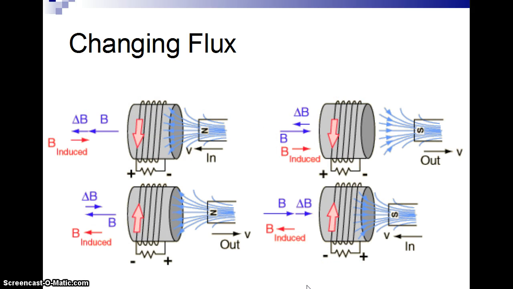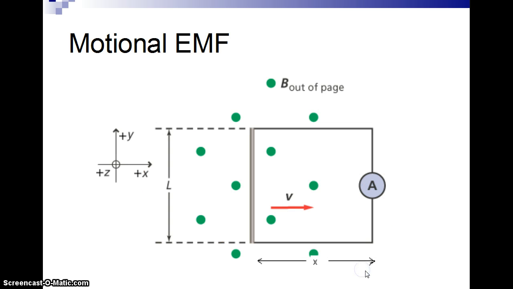So what happens, you're going to get an induced field in the opposite direction. So the magnet tries to move in, you get a magnetic field the opposite way. Then if you move the magnet back out, the magnetic field induced will be in the opposite direction. Current will be in the opposite direction. And the same thing with the south pole, it'll just be negative. So you'll be able to see that in class, the actual effect of moving these magnets.